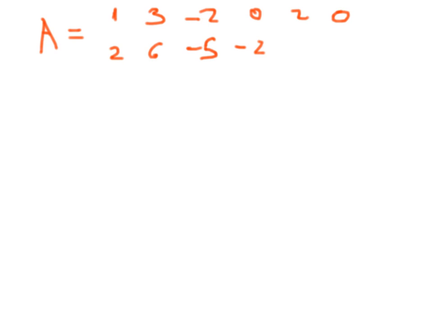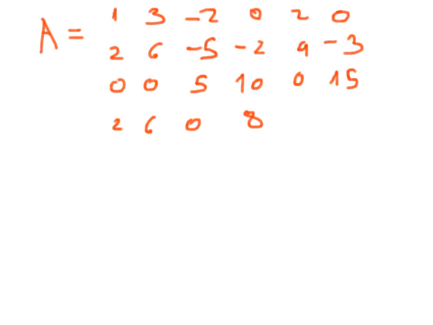Okay, I have the matrix A that is equal to 1, 3, minus 2, 0, 2, 0, then 2, 6, minus 5, minus 2, 4, minus 3, 0, 0, 5, 10, 0, 15, and 2, 6, 0, 8, 4, 18.